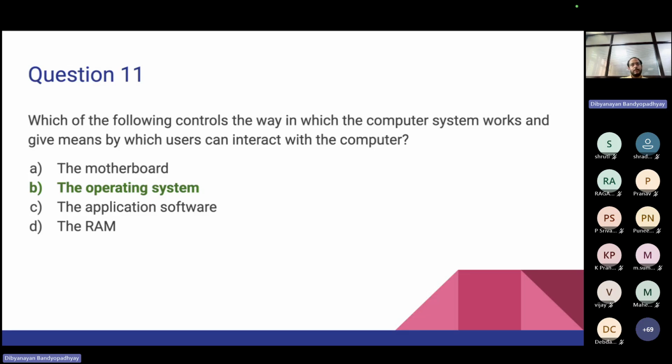The reason is that operating systems handle many things, from booting up the computer, then handling the memory via some logic, then scheduling the processes that will be running concurrently in the computer, and also handling the RAM. So there are multiple things going on inside the computer that are handled by the operating system. So the correct answer is operating system.